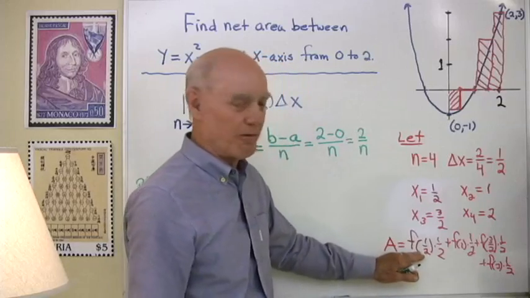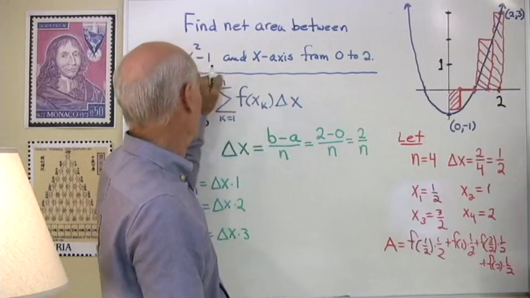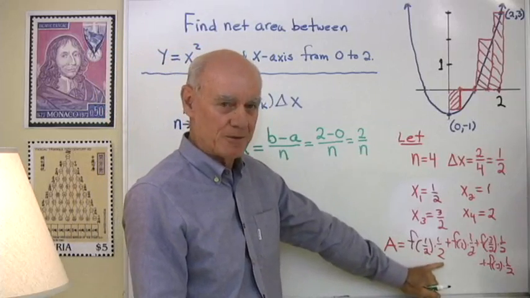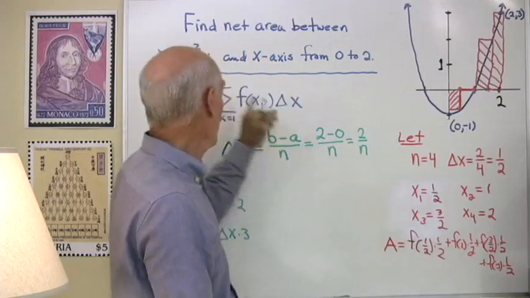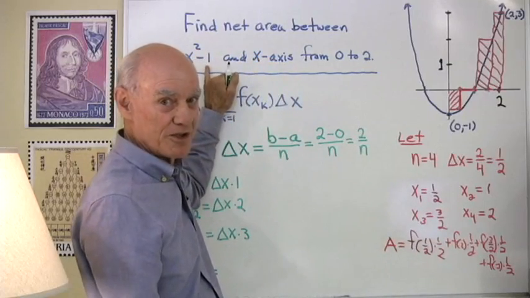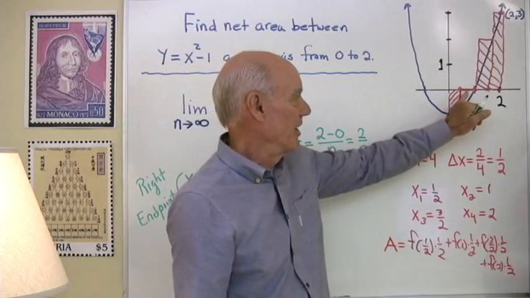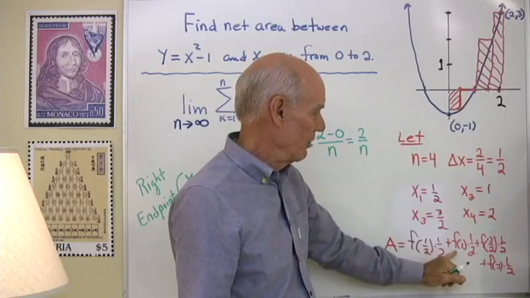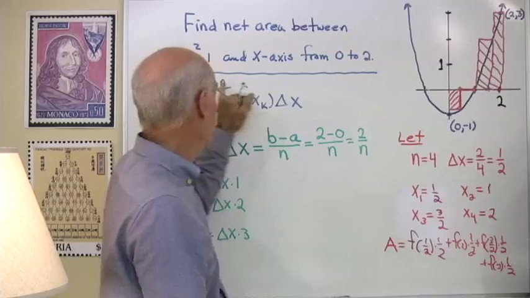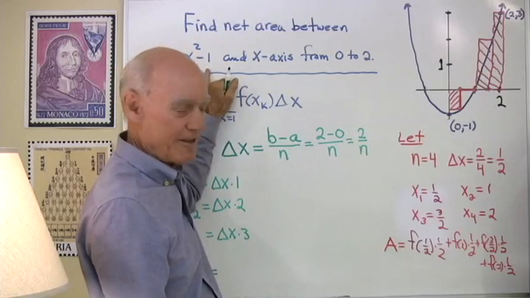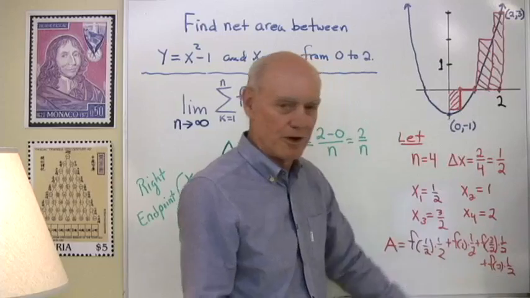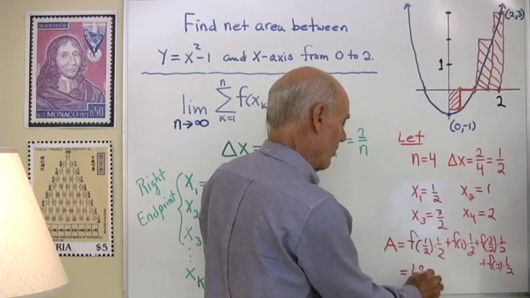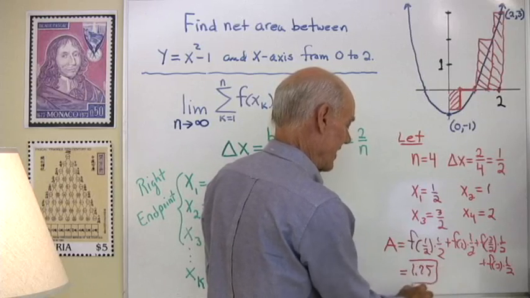I can find f of 1/2: I just take 1/2 squared minus 1, times 1/2. f of 1 is just 1 squared minus 1, which comes out to be 0, so the height of that rectangle is 0, whether I look at it here or go to the formula. f of 3/2 is 3/2 squared minus 1, multiplied times 1/2, and so on. That gives me an area of about 1.75.